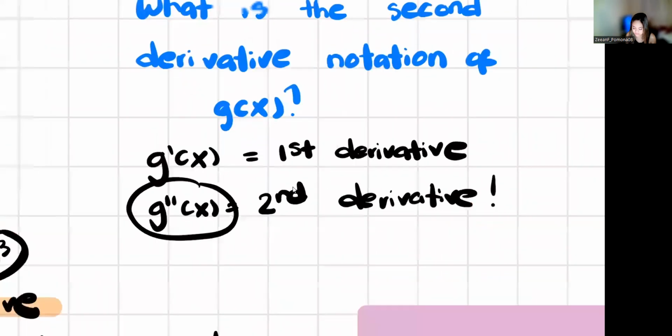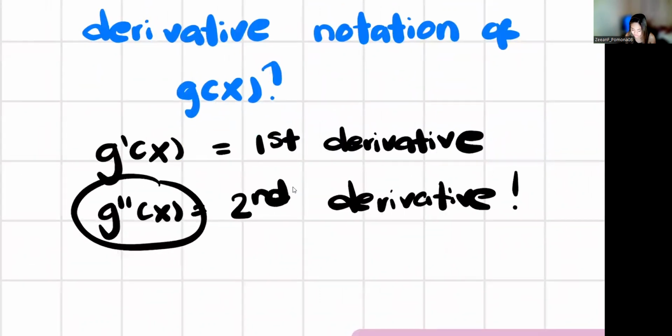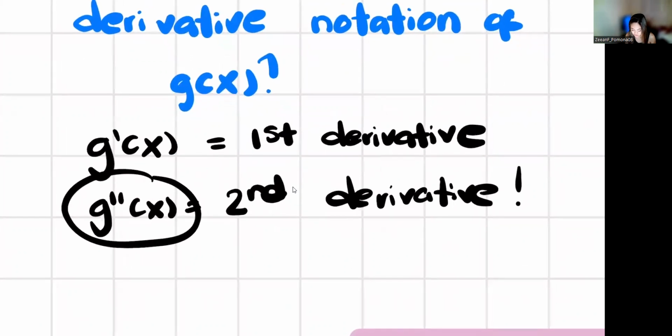So let's give it a test run. What is the second derivative notation of g of x? Well, the first derivative notation would be g prime of x. And then the second derivative notation would be g double prime of x. So that is fairly simple. I know it's such a simple thing to go over, but believe it or not, people will mess up on reading a question.